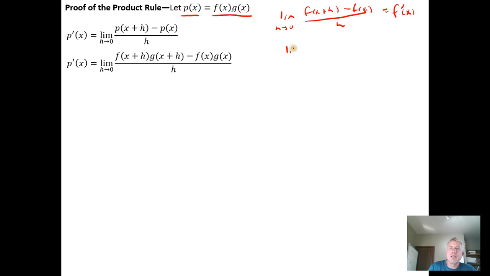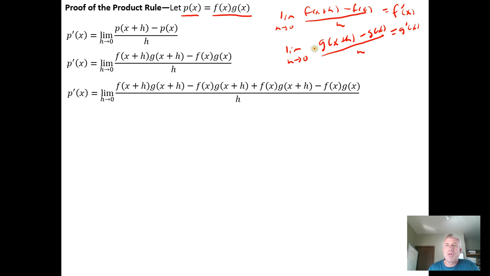And if we could get the limit as h goes to 0 of g of x plus h minus g of x all over h, this is just the definition of the derivative of g of x. So part of the next step is just a clever manipulation to try to get these two forms to pull out of this ratio. It looks complicated at first, but if we talk it through, it's not too bad.